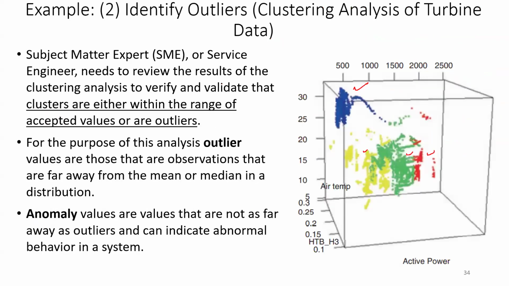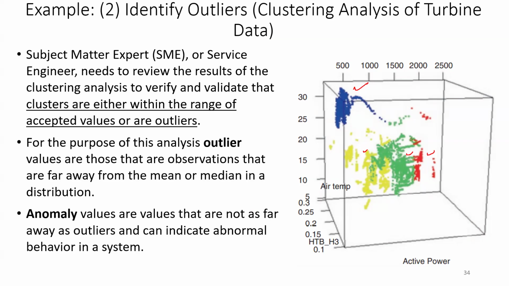And once the clustering analysis is complete, the role of the subject matter expert or the service engineer becomes crucial. Their job is to interpret the output, not just from a statistical point of view, but through the lens of engineering judgment and their field experience. They need to assess whether the identified clusters are within acceptable operating ranges or are truly outliers that may indicate faulty operations or sensor issues.